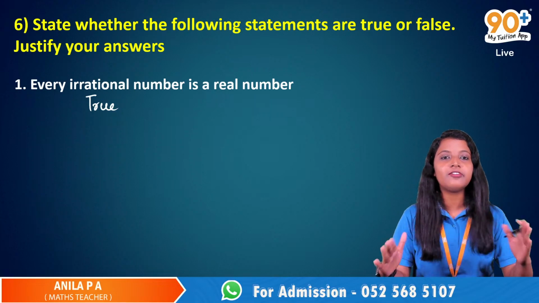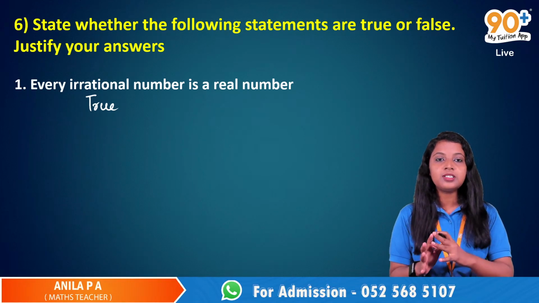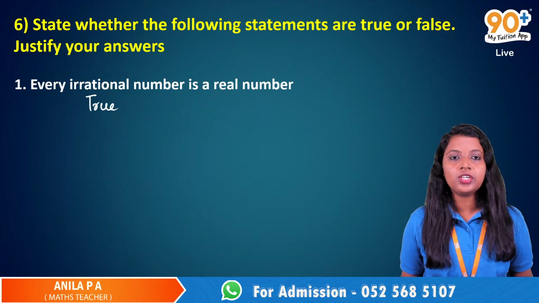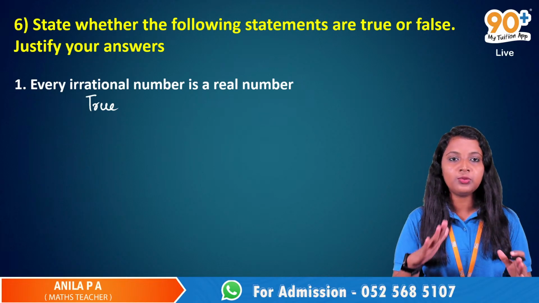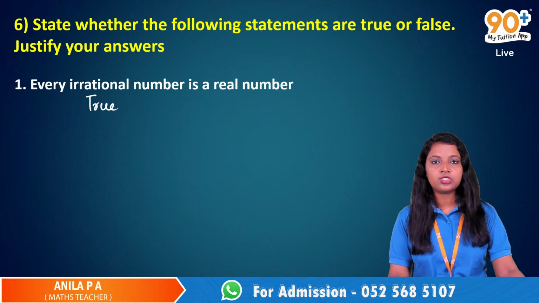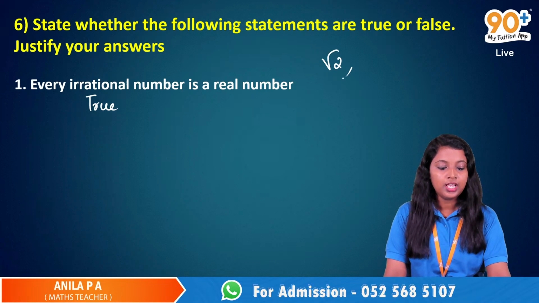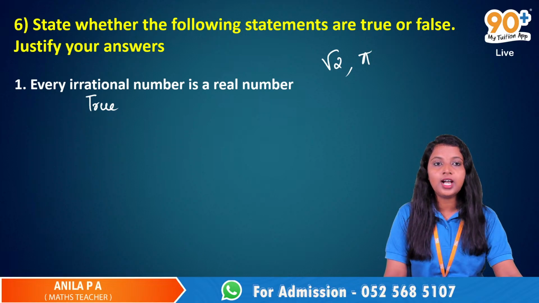So real numbers are divided into rational and irrational numbers, so all irrational numbers come under real numbers. Very good. Just take root 2. Root 2 is a real number. Then take pi. Pi is a real number. So all irrational numbers are real numbers.